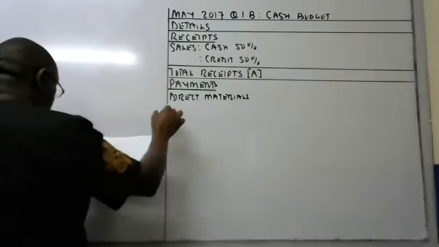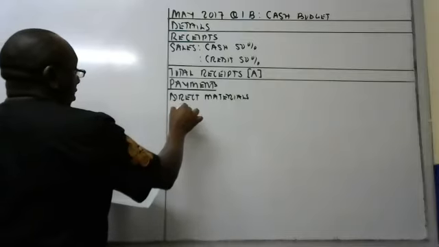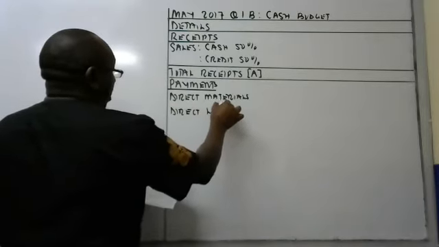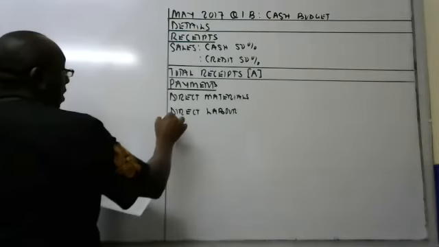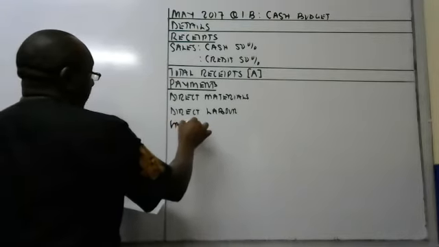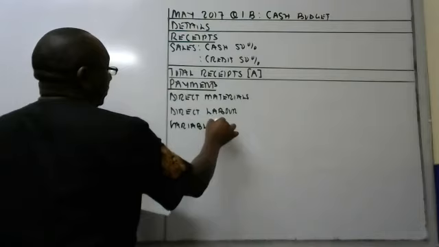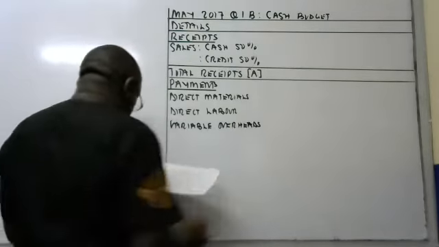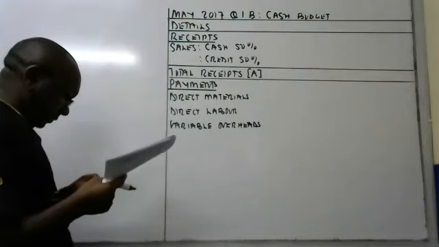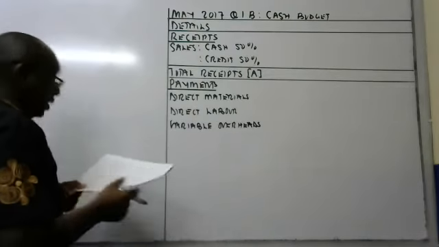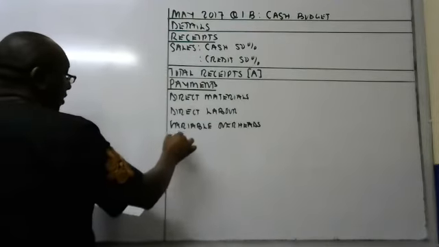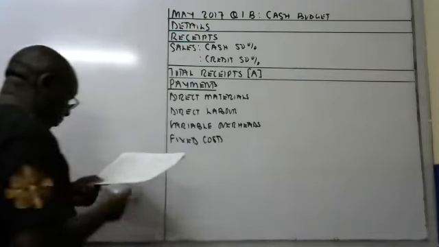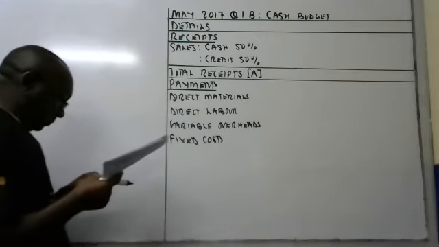We will also need to pay direct labor, those are the wages. We will also need to pay variable overheads, those are cost of production. Then we will have the monthly fixed costs, according to information number 4.